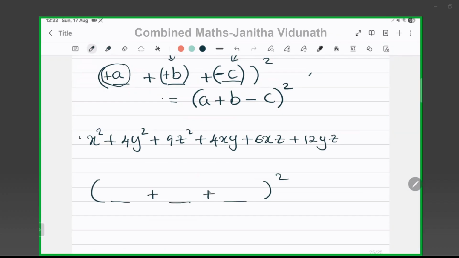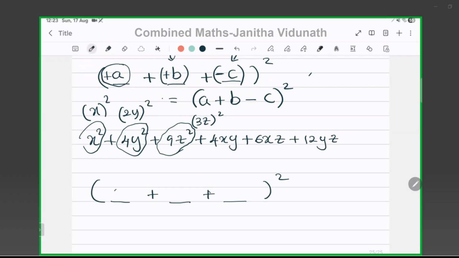From here, this is the square of x. From this, we can see that this is the square of 2y. From this, this is the square of 3z. Then we can identify first term as x, second term as 2y, and the last term as 3z.